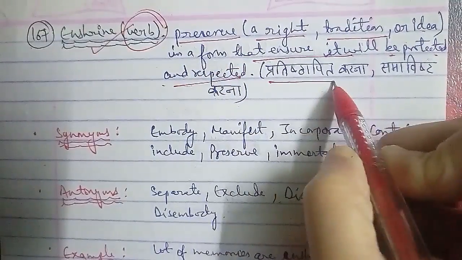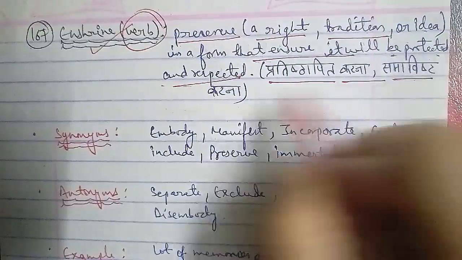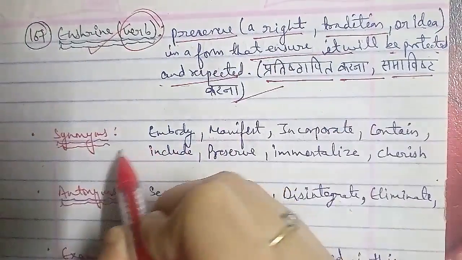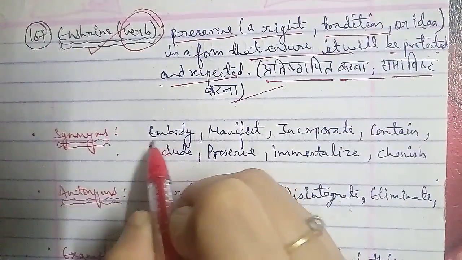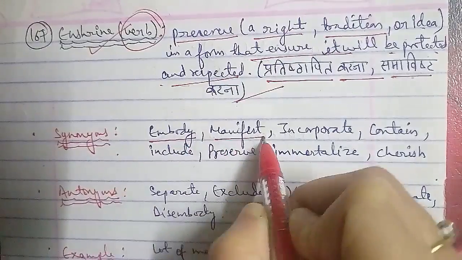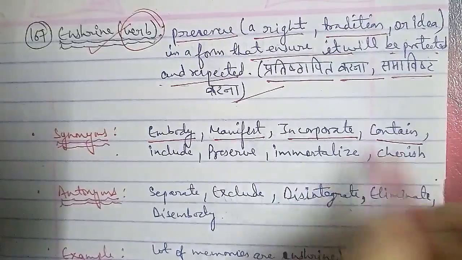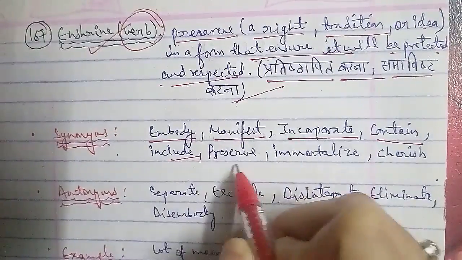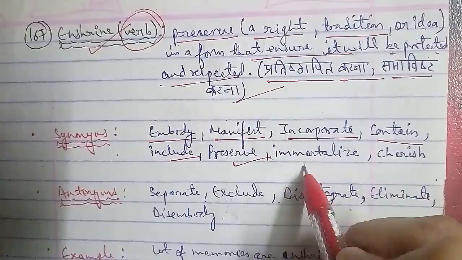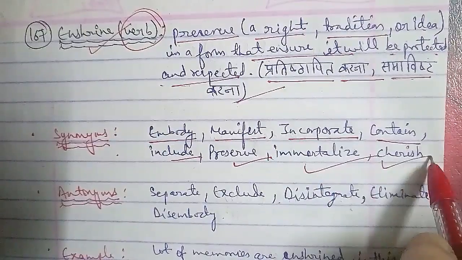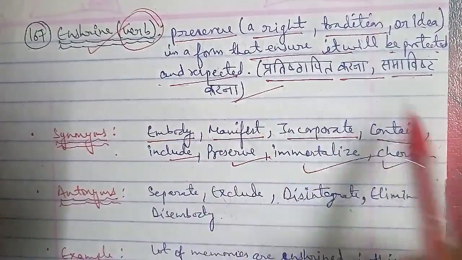Next, the example of enshrine here: lots of memories are enshrined in the photograph album. The trick for learning the word enshrine here is Indian culture shine इसलिए करता है क्योंकि हमेशा shrine रखा है.